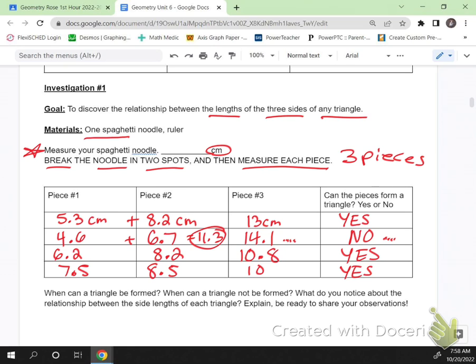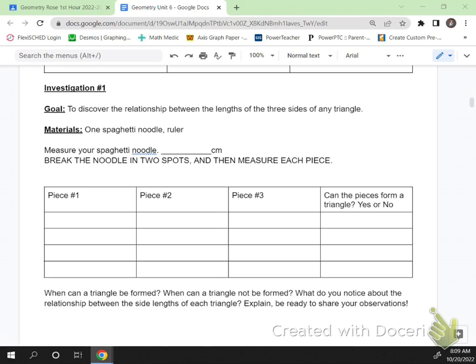Let's keep trying it. Try it with your example, your triangle. Add up your 2 shorter sides. Is it bigger than your 3rd side that's the longest? That's what makes a triangle. So let's write that down here. Okay.